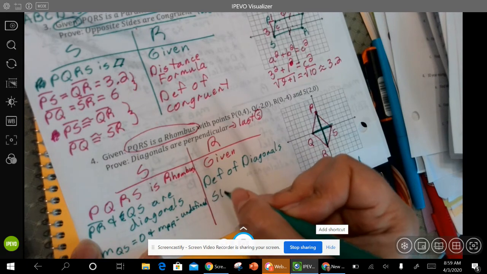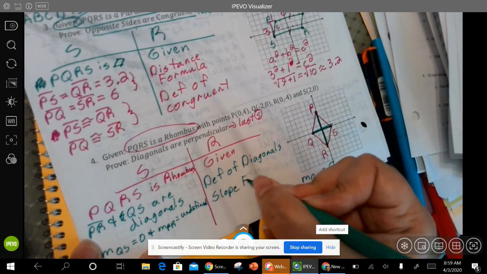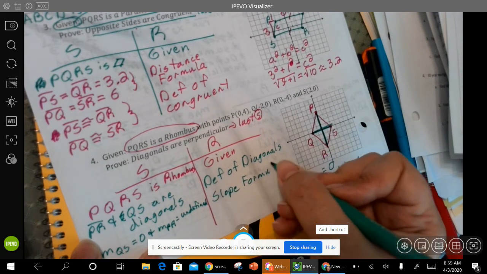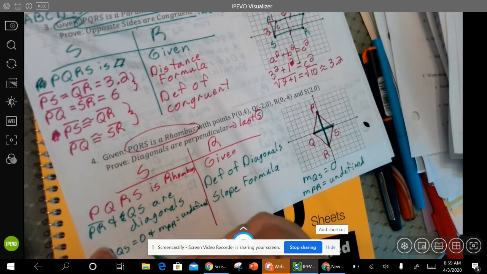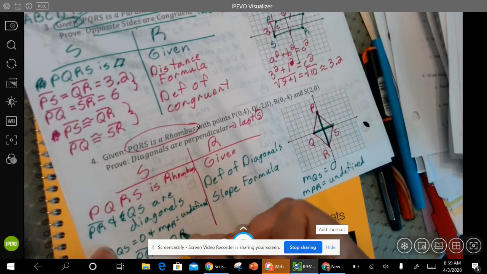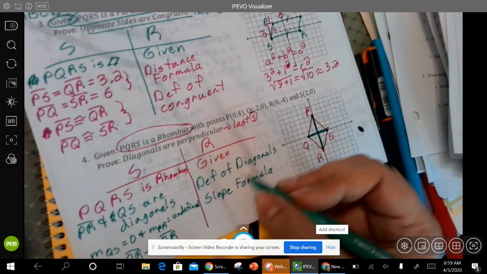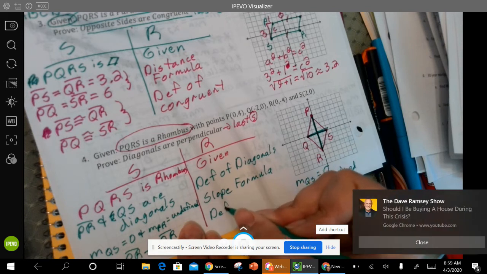And that's by our slope formula, and also what we know about horizontal and vertical lines. So that means that those are perpendicular. So definition of perpendicular.